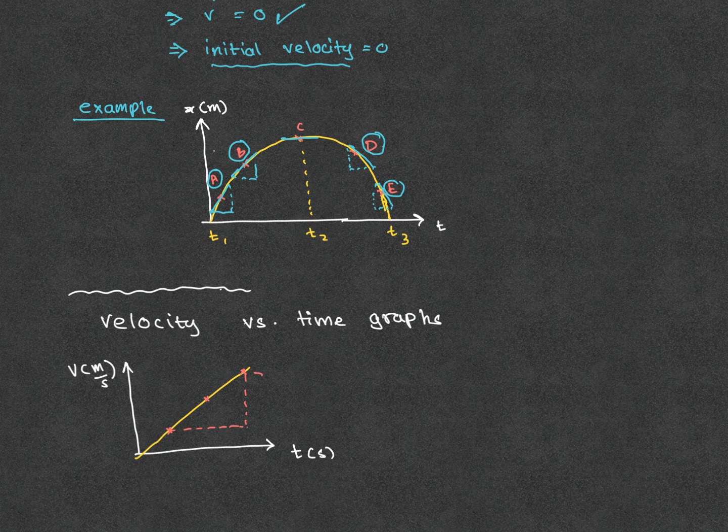And the rise is delta V, because the y-axis here is velocity, and meter per second is the unit.